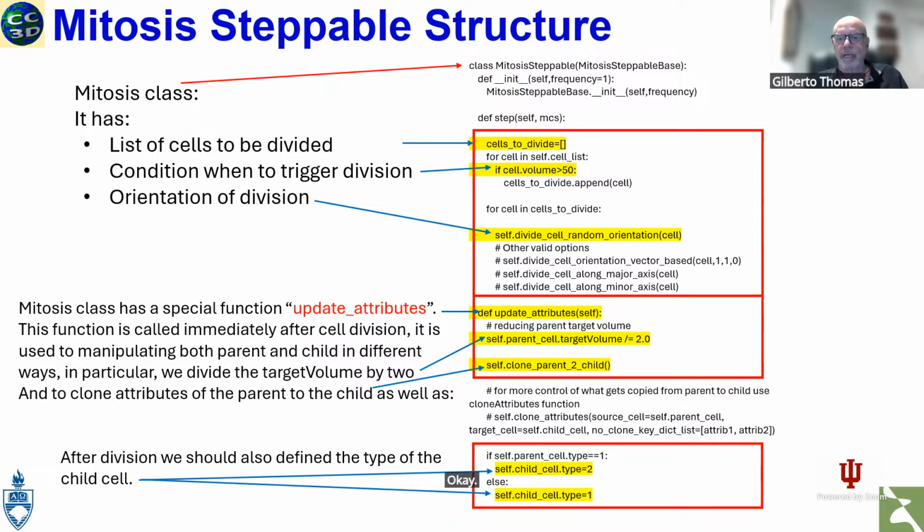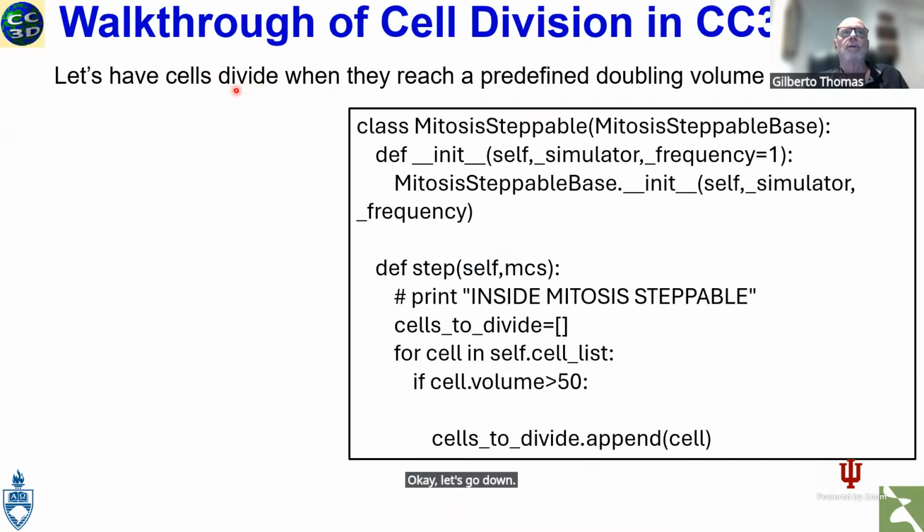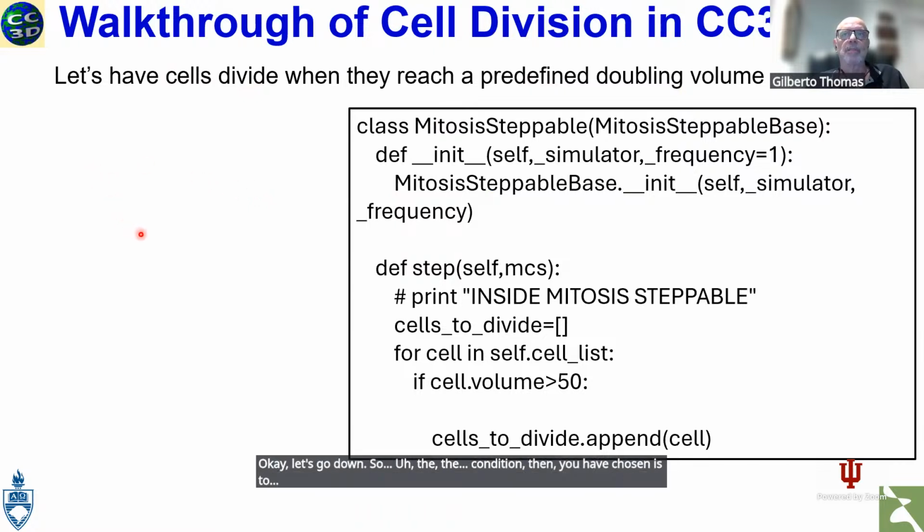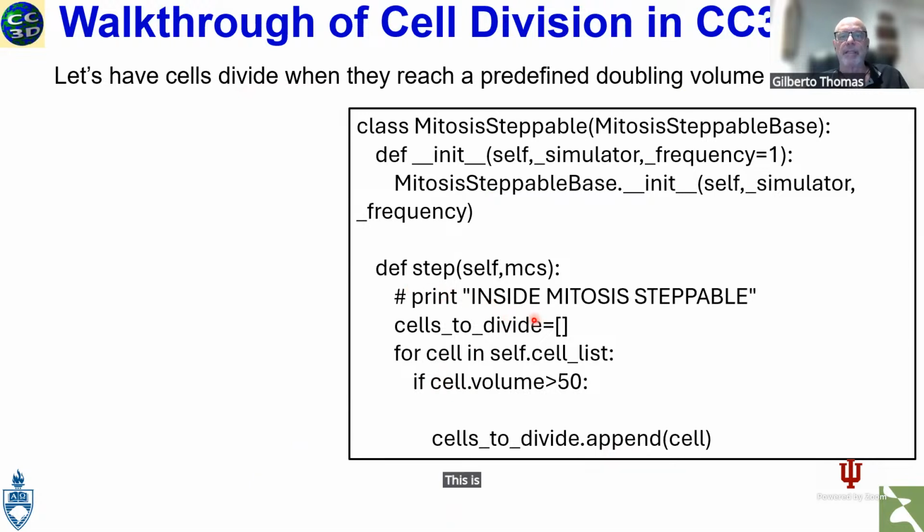Okay, let's go there. So the condition you have chosen is to double the volume. This is put inside the mitosis steppable in this line here. This line is already there.